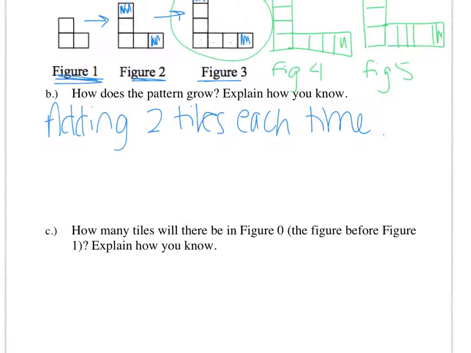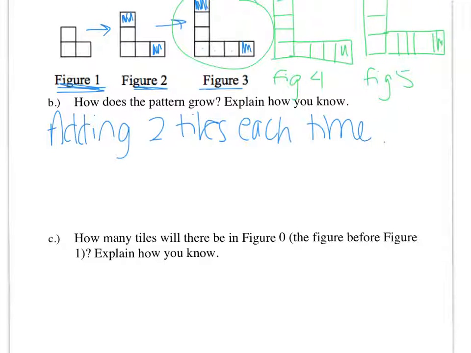So how many tiles will there be in Figure 0, which is the figure before Figure 1? Explain how you know. So going back to this, if we're adding 2 blocks each time, or 2 tiles each time, we're going to work backwards to Figure 0. So if I add a Figure 0 and I take away 2 blocks, I have 1 block left, or 1 tile. So I'm going to say it's going to have 1 tile.